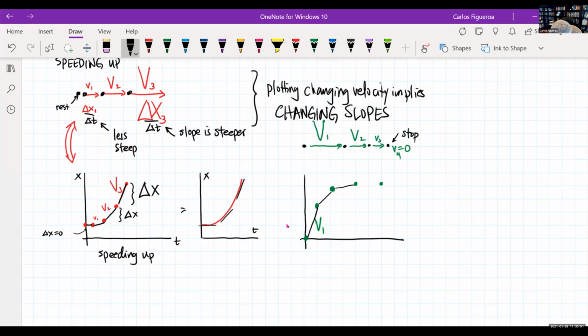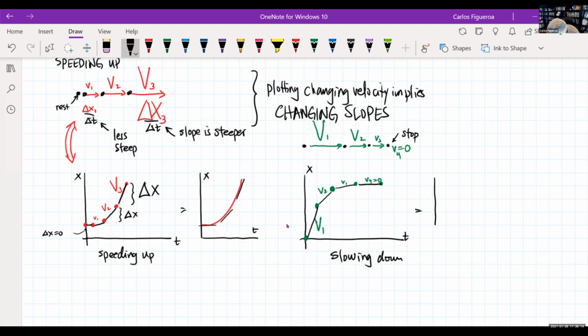So I go less steep and then finally flat. So what you're seeing here is that my slopes are getting smaller until finally my slope is 0 at this point. So in this situation, we're talking about slowing down and plotting it like this.